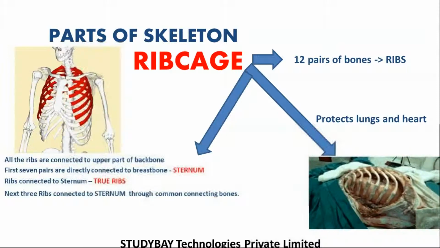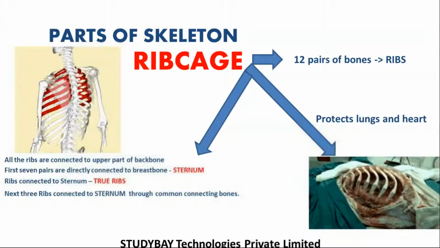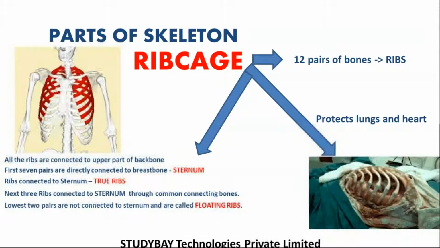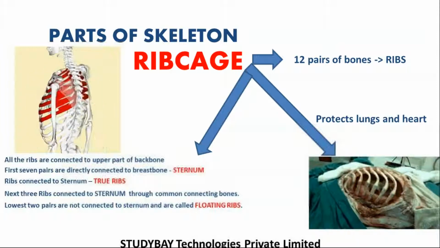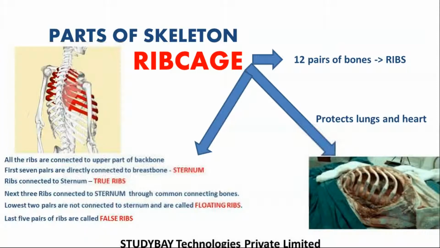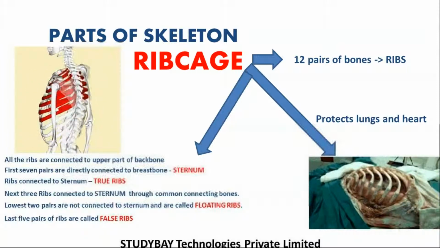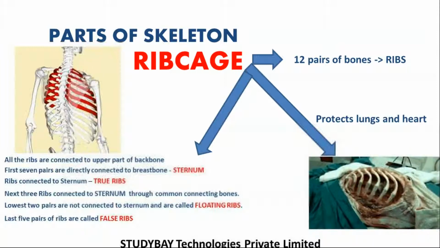Then the next 3 ribs are connected to the sternum through common connecting bones. And the lowest 2 pairs are not connected to the sternum, and these are called floating ribs. The last 5 pairs of ribs are called false ribs.